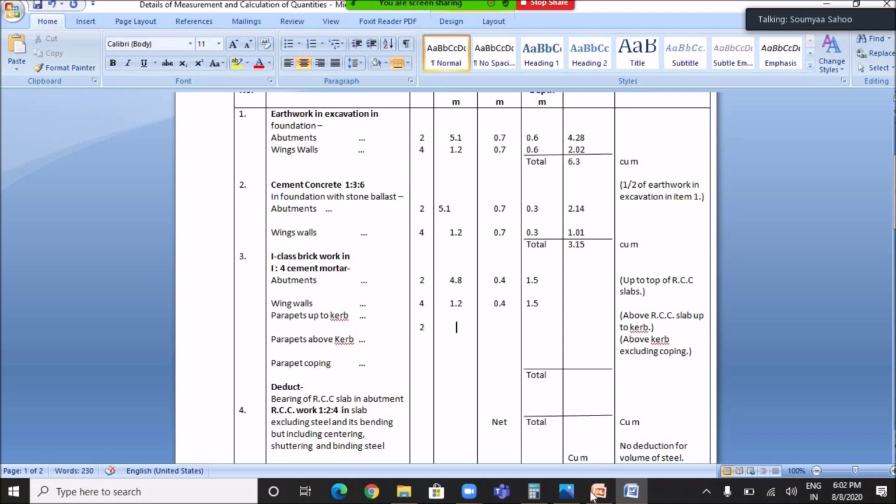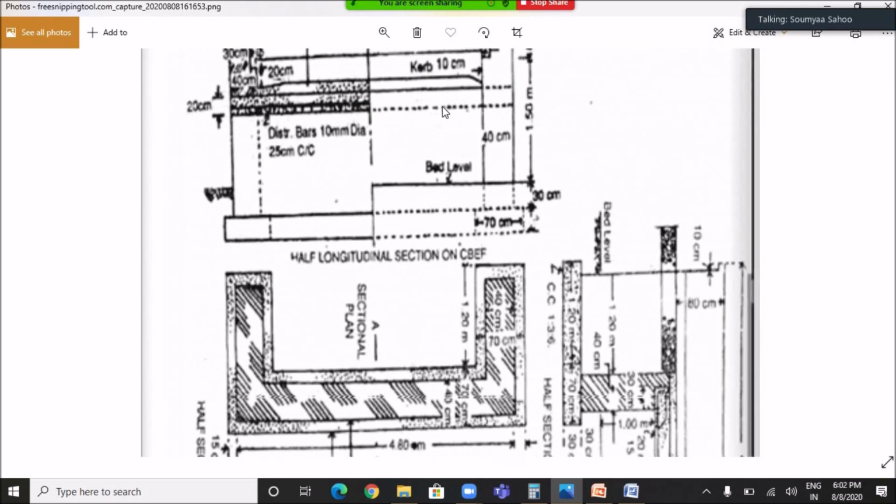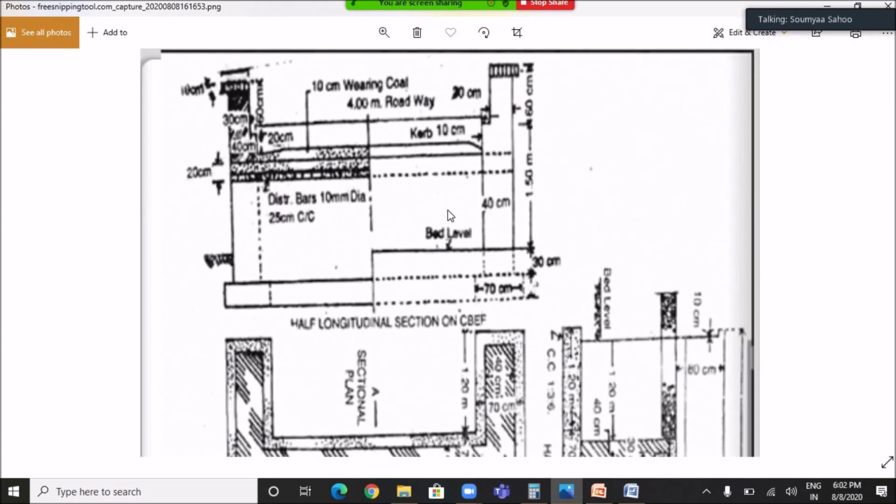And the parapet up to the curb, which is here you can see, this is the first parapet which is above the RCC slab, and up to the curb it is having a breadth of 40 centimeter or 0.4 meter, and it is having a depth of, see, from this point to this point is 20 centimeter, and the curb is of 10 centimeter height.